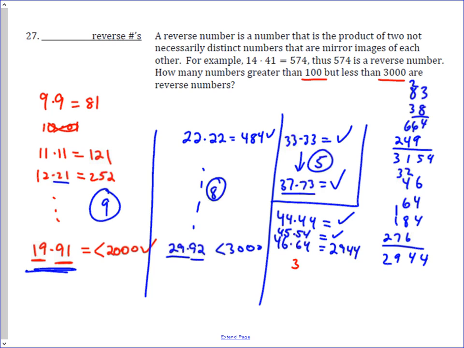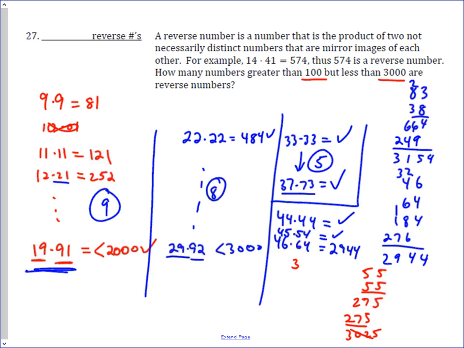So then we're going to look at 55. 55 times 55, if you know how to multiply these kinds of numbers together, it's really easy to see that it's 3025. But if you don't know that, you could multiply it out and get 3025, which is too big.